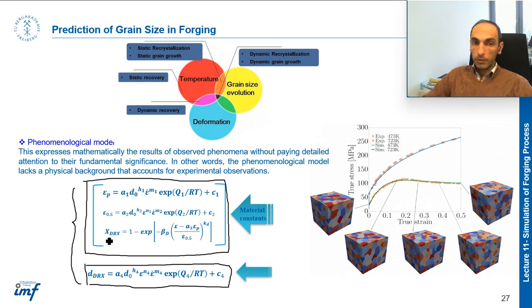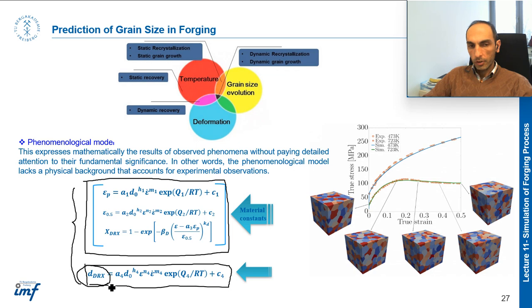Imagine that 50% of the microstructure is recrystallized and 50% is not. So for 50% of the microstructure, the grain size is the initial grain size, and for the second half, it is the size after recrystallization.